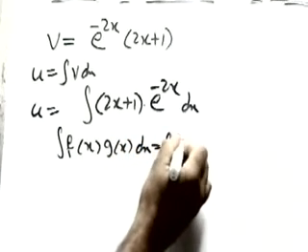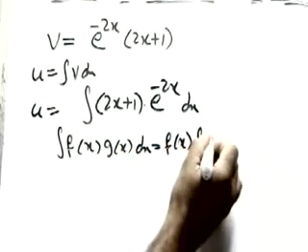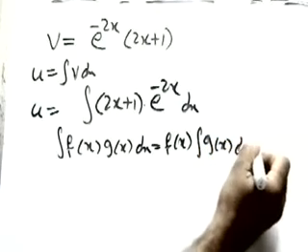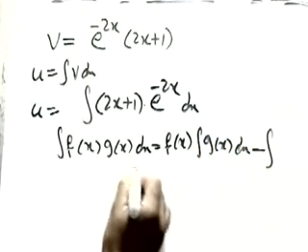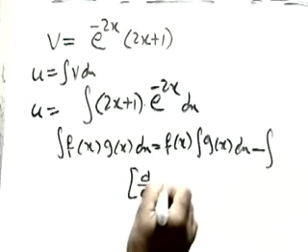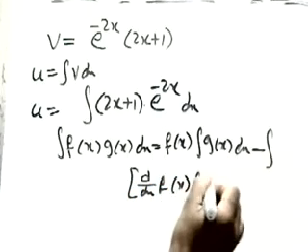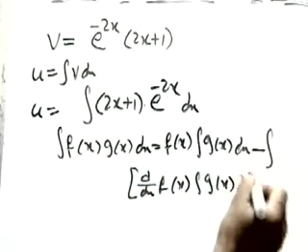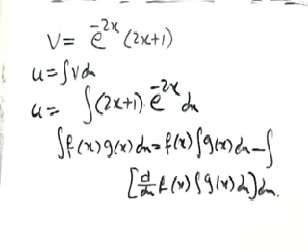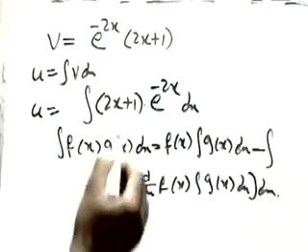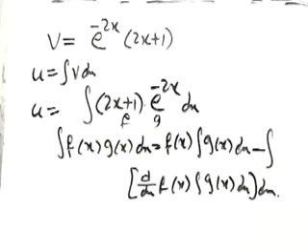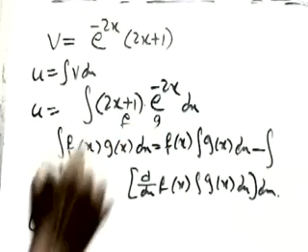equals f of x integration of g of x dx minus whole integration d by dx of f of x integration of g of x dx whole dx. Using this method, we have to integrate the function. So see here, suppose this is f of x, this is g of x.